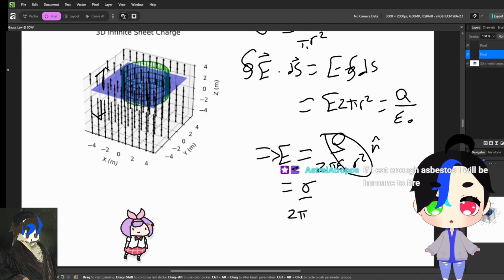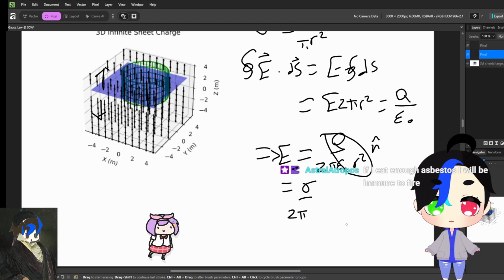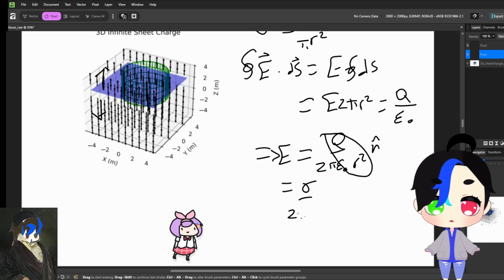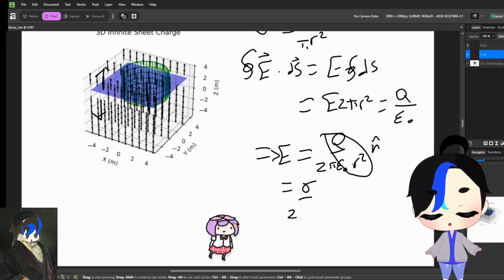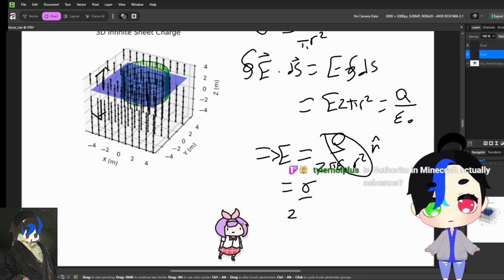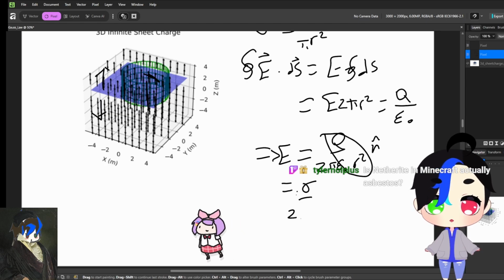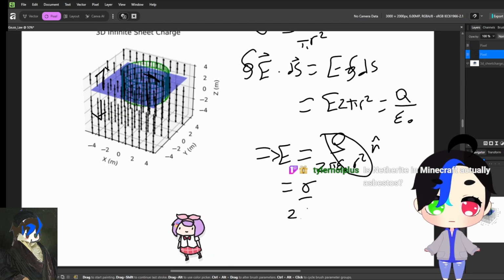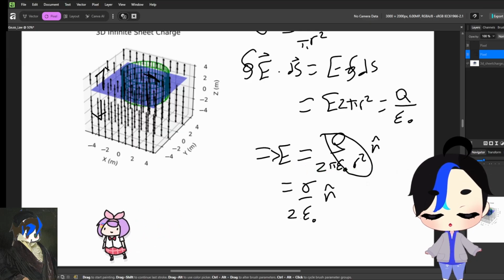So instead, we can package our charge and our radius, because keep in mind this wasn't the radius away from the sheet this time. This radius is the radius of the top and bottom of the cap of the cylinder. So this just becomes sigma over 2 epsilon naught times n hat.